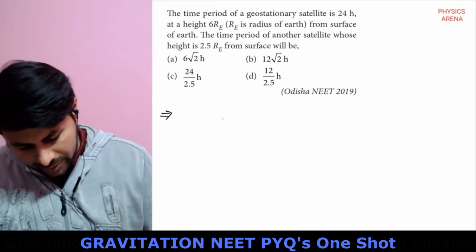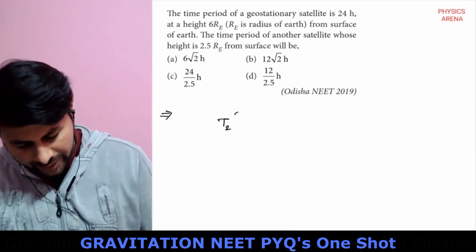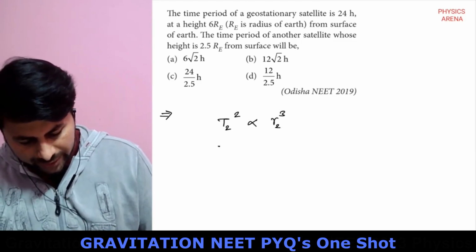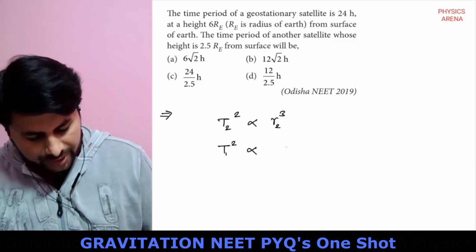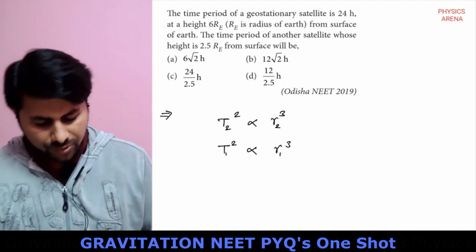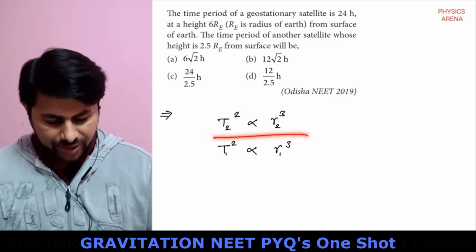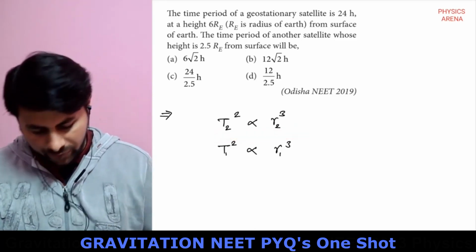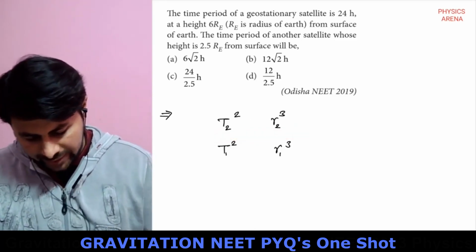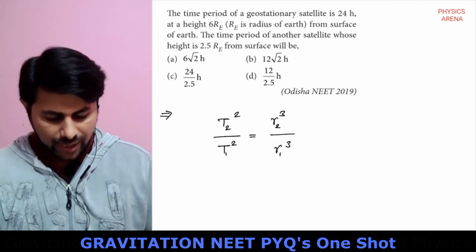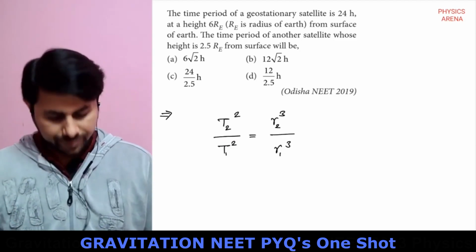So T2 square is directly proportional to R2 cube, and T1 square is directly proportional to R1 cube. Now if we divide the first expression by the second expression, what can we say? We can say that T2 upon T1 whole square is equal to R2 upon R1 whole cube.